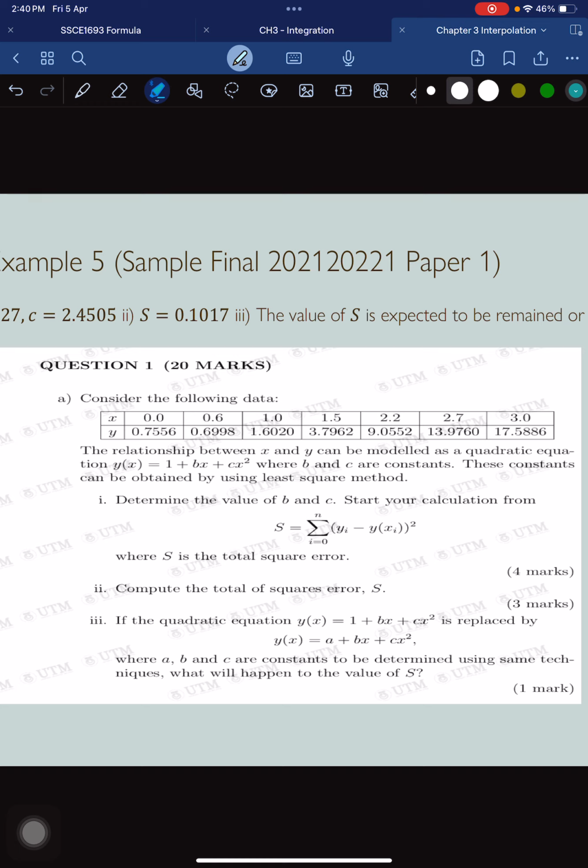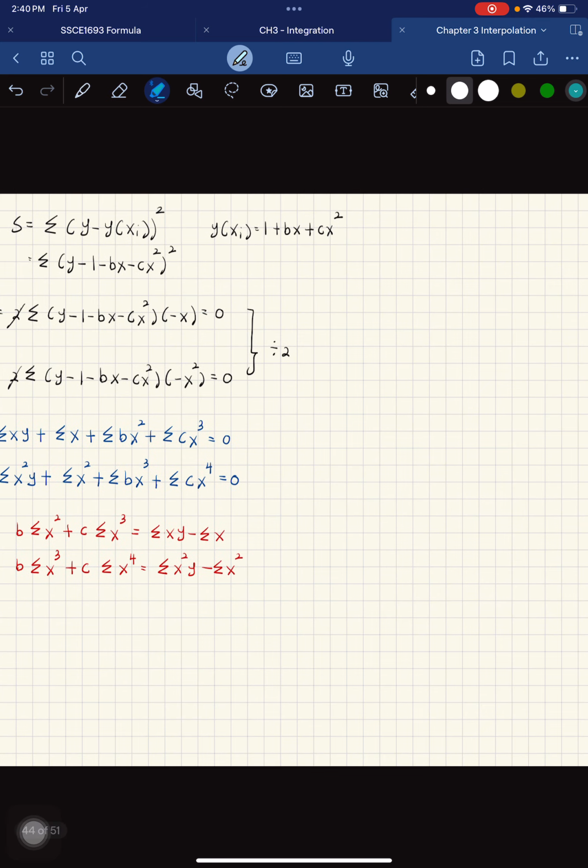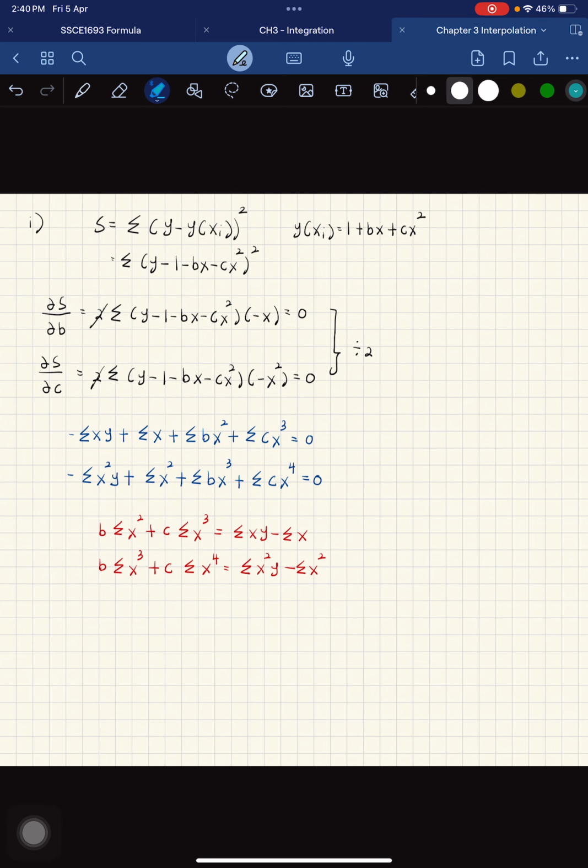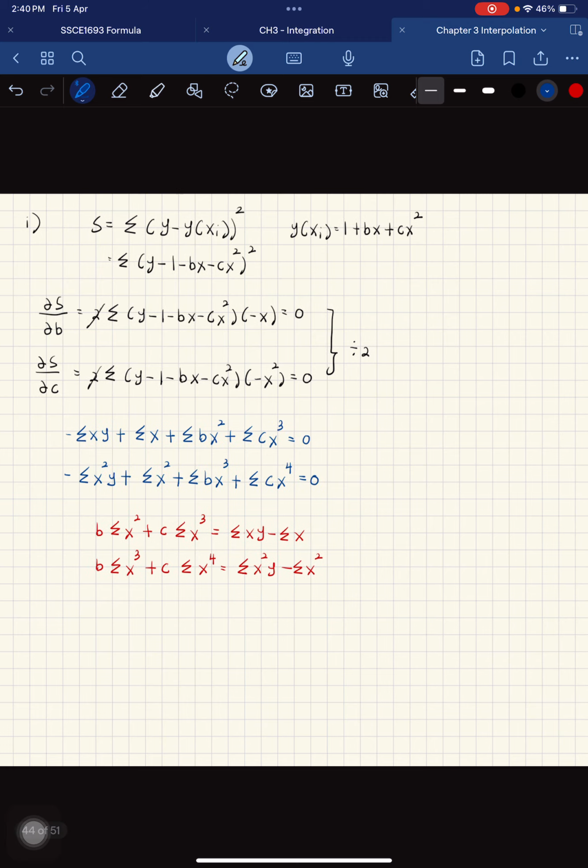Press AC, option, summation number 1. We want to find the value of x squared. So summation x squared is number 2 plus number 2 equal, so we have 24.74.